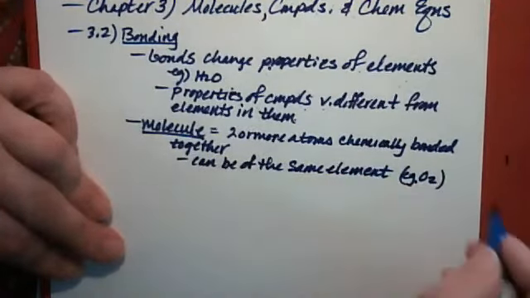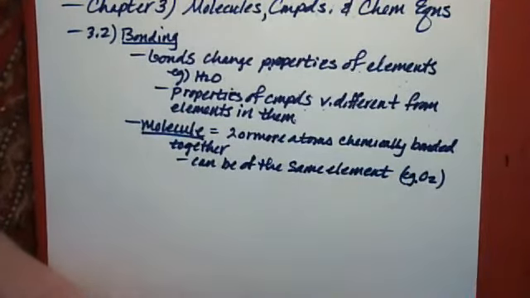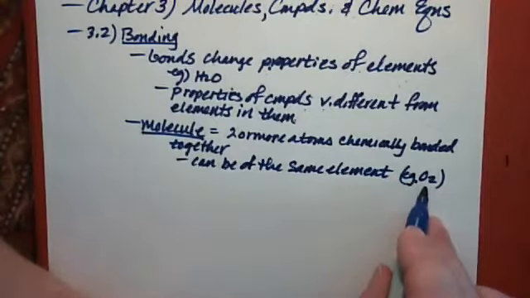A good example of a molecule where both of the atoms involved are of the same element would be oxygen. Oxygen is what's known as a diatomic element, meaning that in nature it's always found in pairs. So you won't find individual oxygen atoms in nature. In fact, it's so common to find them in pairs that when we say oxygen, we are generally understood to mean O2 molecules.